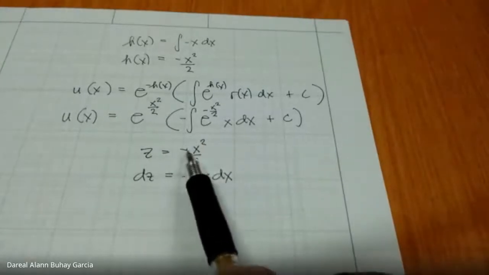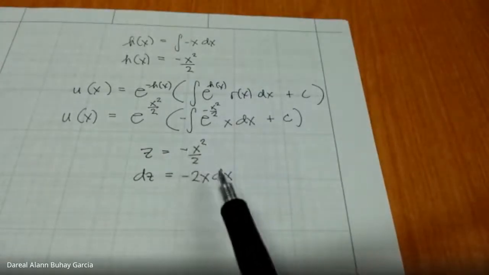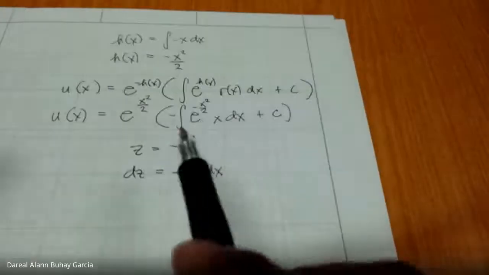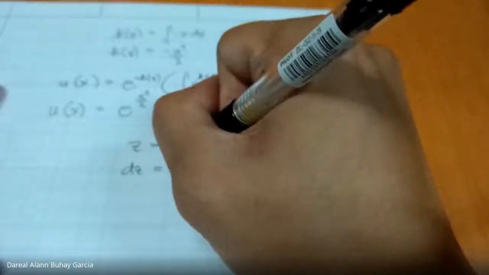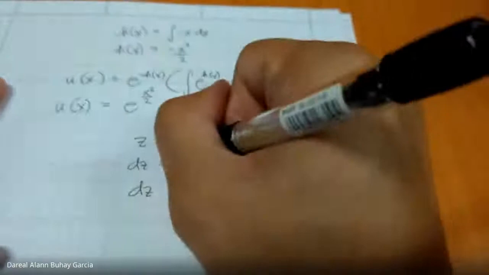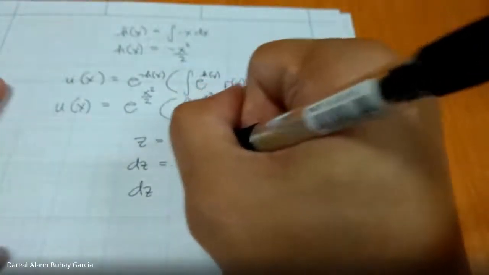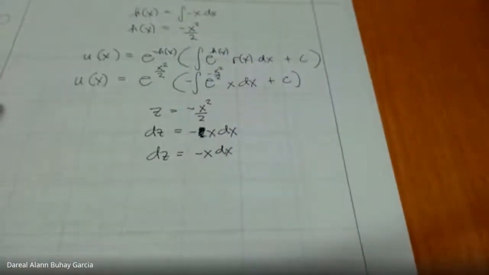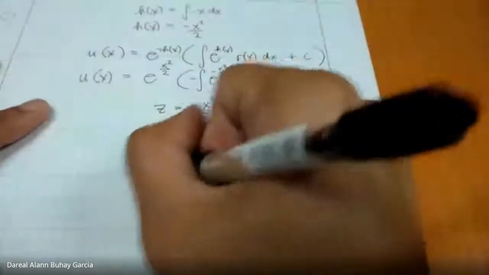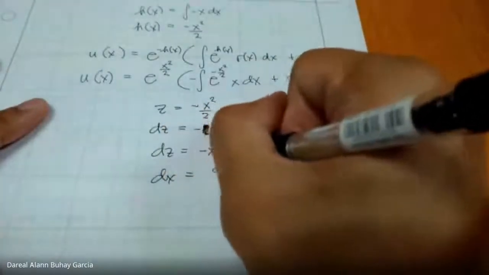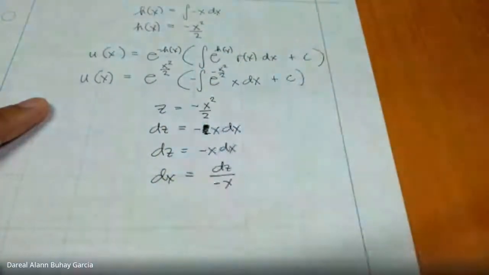Negative 2... Actually, it's x, not 2x. So dz is equal to negative x dx, or dx is equal to dz over negative x.